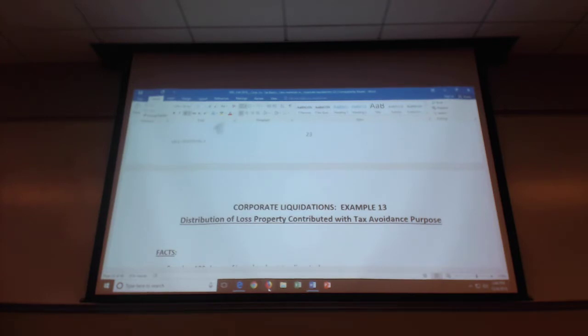Doesn't necessarily have to be within a 5-year period. There's a different test under section 336(d)(2).